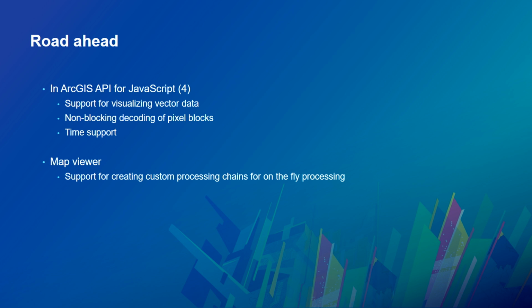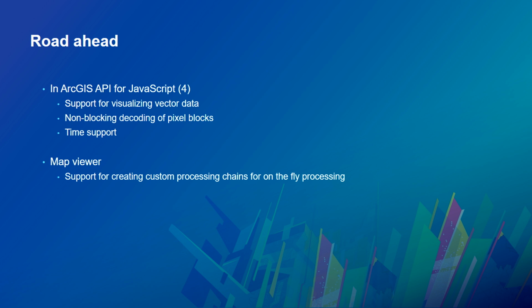Yeah, some of the features that we are looking at right now to bring to the coming versions of the API are support for visualizing vector data. As I mentioned, the vector layer currently exists in the 3x version, but we'll be bringing similar visualizing capabilities to the layer in 4x.